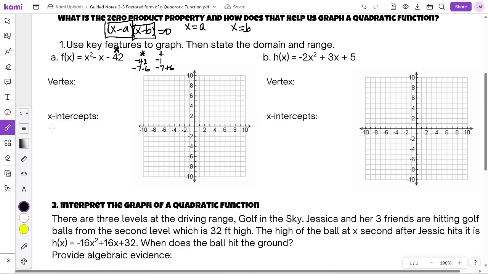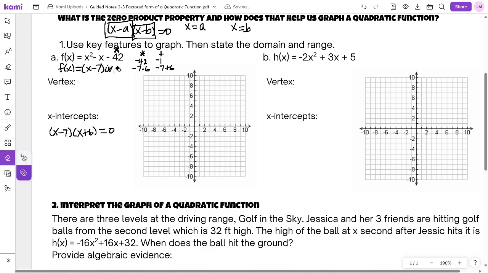All right, so my x-intercepts are x minus 7, x plus 6 equals 0. That's how I find my x-intercepts, because this guy factored into x minus 7, x plus 6. So I am going to plug in 0 for y.